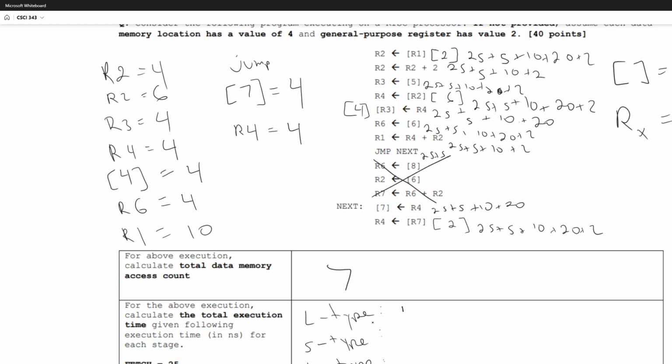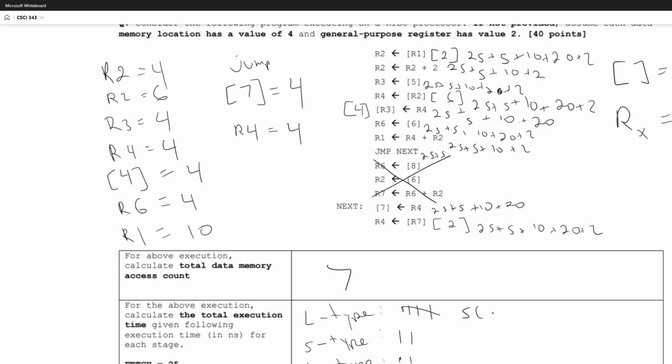First line is an L type, second is an R type, third one L type, fourth L type is S, L, another R type, one jump, one door, and then one loop.